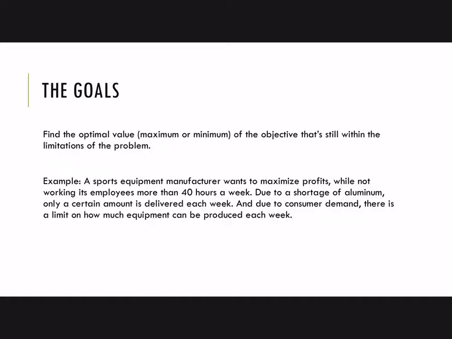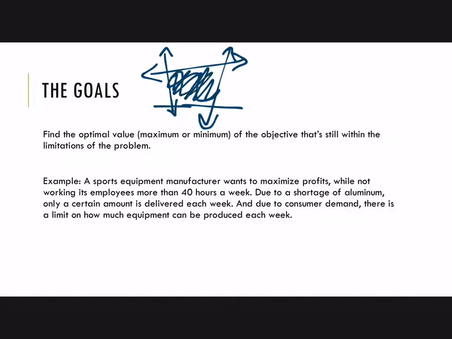So let's say that you've graphed all of your constraints as inequalities, and maybe they all kind of intersect. Right, and we find out that any values in here are going to meet all of those limitations.